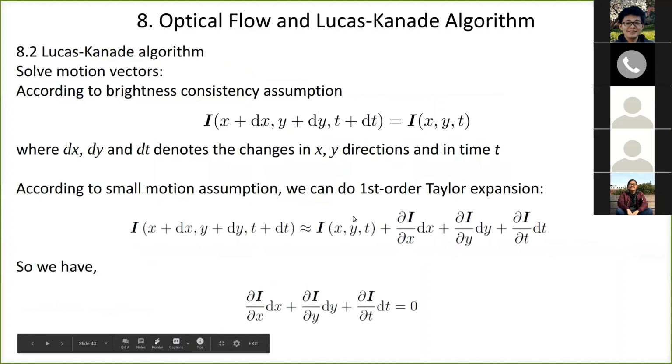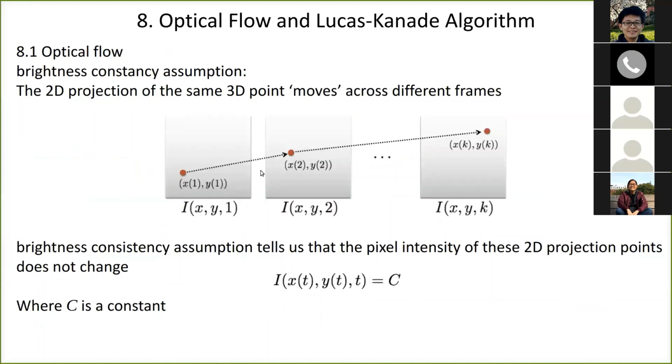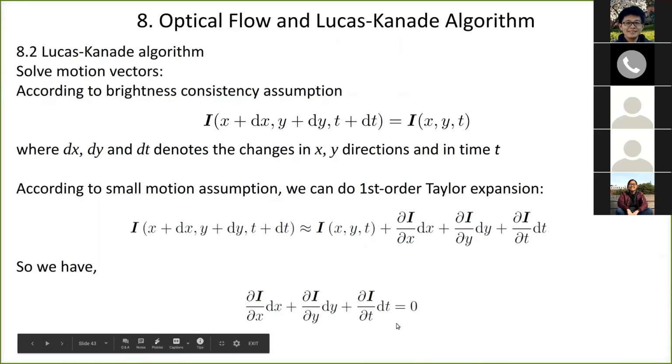And we also have another assumption in the Lucas-Kanade algorithm, which is the small motion assumption. If we have the brightness consistency assumption, we can make this equation here and here equal, and we can get the final equation here.